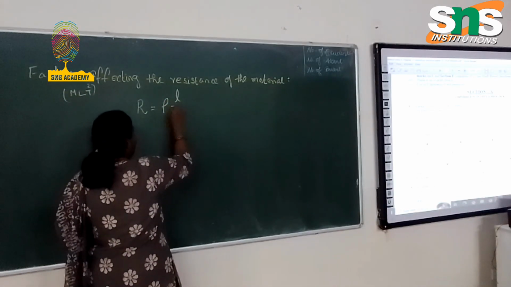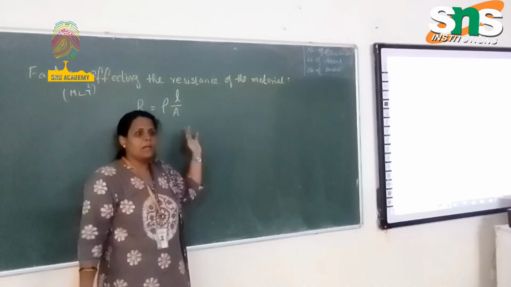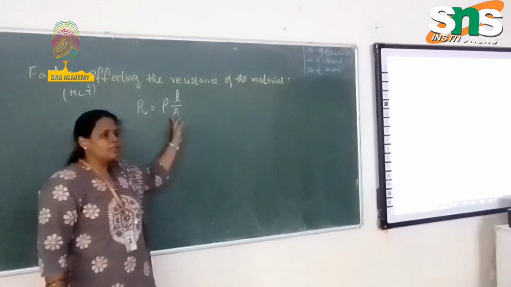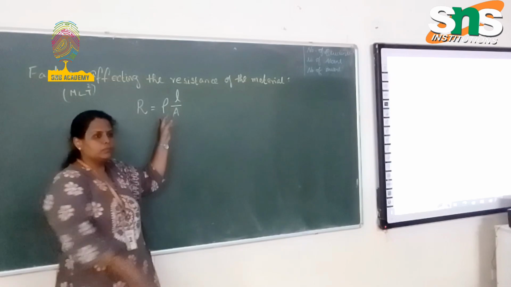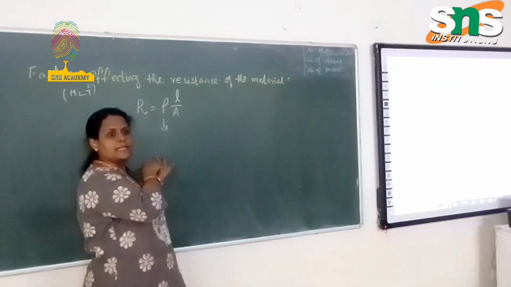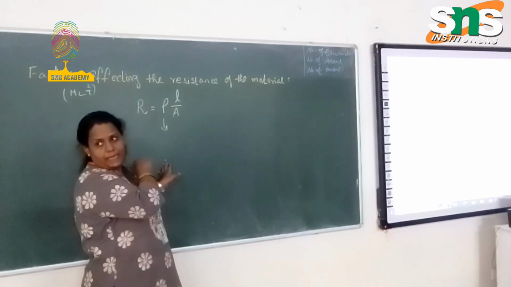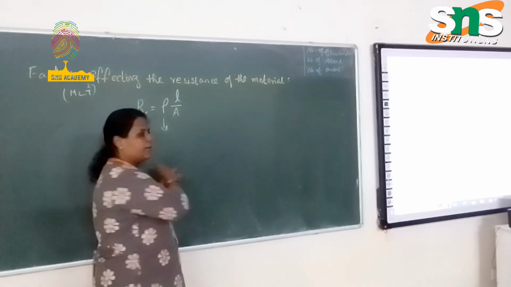Can you all remember what we have discussed in our last class? What is the formula for resistance? R is equal to rho into L by A, where rho is your constant. What is the name of the constant? Rho denotes resistivity.